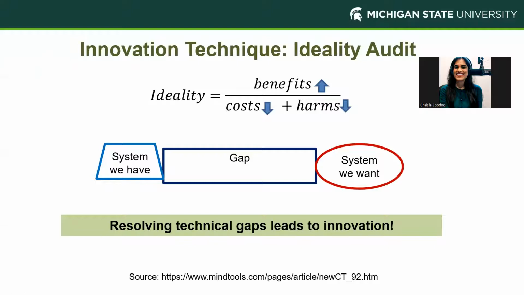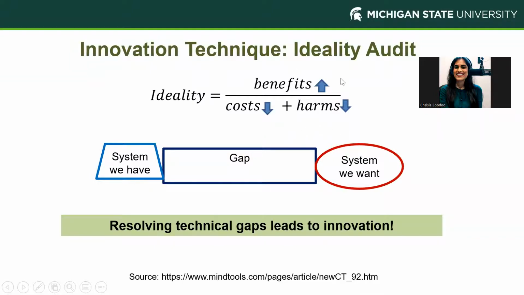The other technique for innovation is ideality audit. The ideality audit is defined as you maximize your benefit, and you minimize your cost and your harm. So it is benefits over cost plus harm.